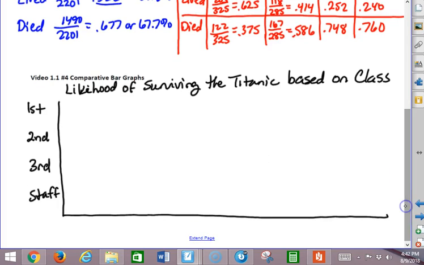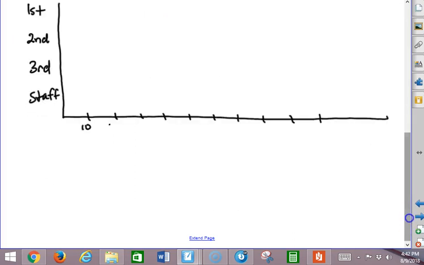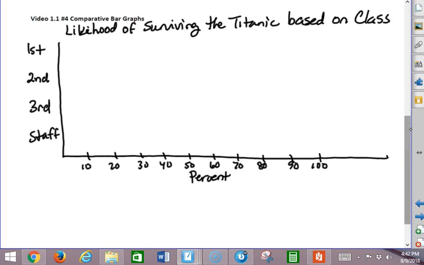So I'm going to make my scale from 0 up to 100%, going by 10s: 10, 20, 30, 40, 50, 60, 70, 80, 90, 100%. I'll do a quick label of our percentages. Okay, so this is percent. Now I'm going to make a bar for each one of these, and because these are all 100% long, here's my 100 all the way out.